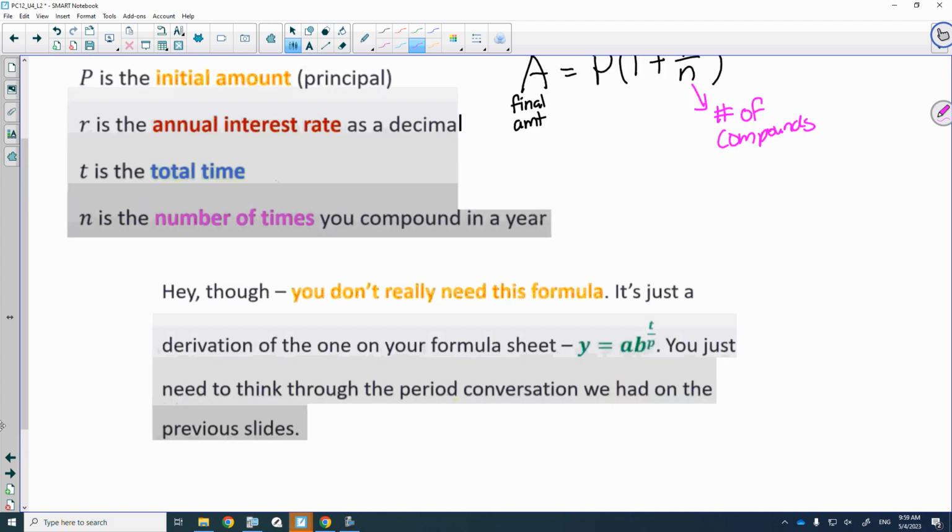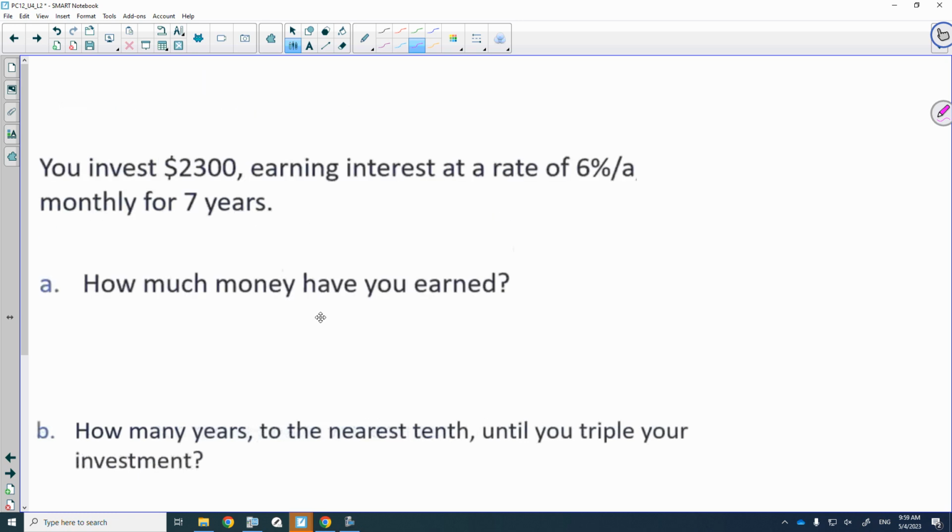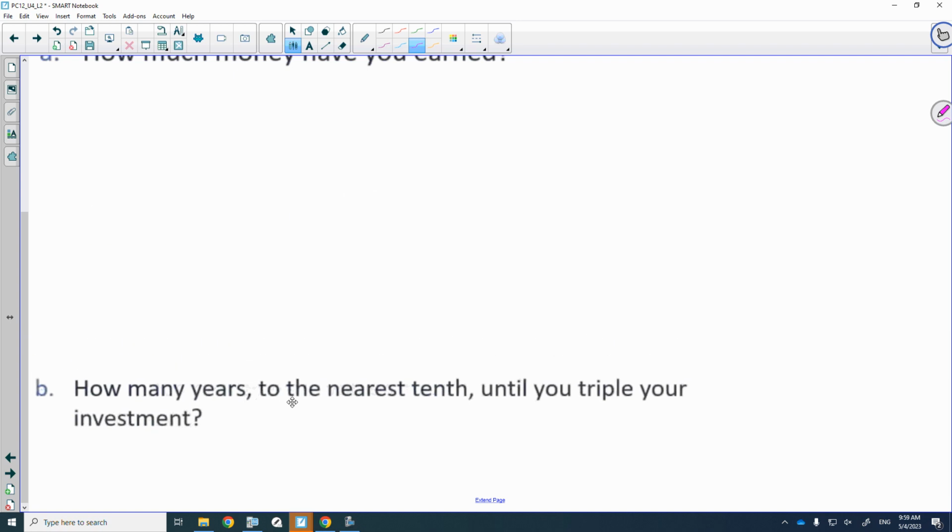Okay, let's look at this example. You invest $2,300, earning an interest rate of 6%, compounded monthly for 7 years. So I'm just going to move this down for a second.